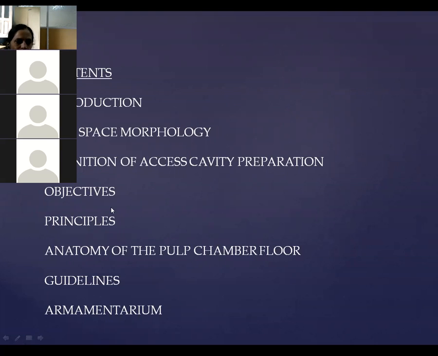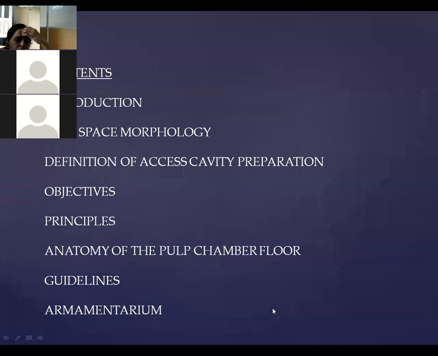Then we will learn the definition of access cavity preparation, objective, principle, and the important point, the anatomy of the pulp chamber.